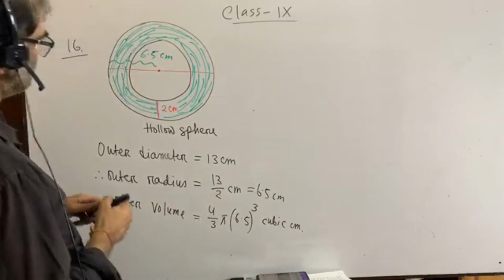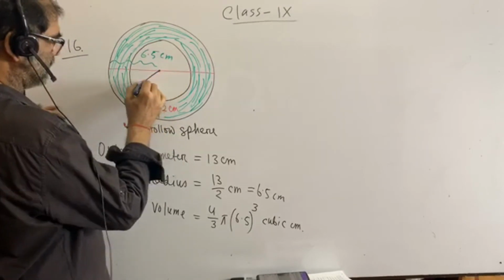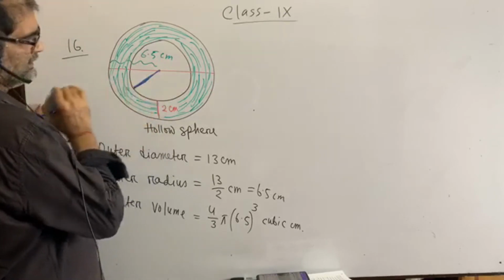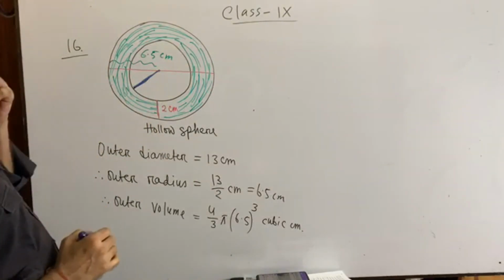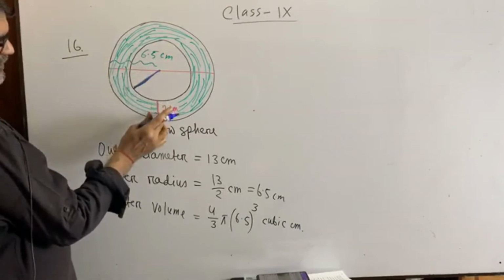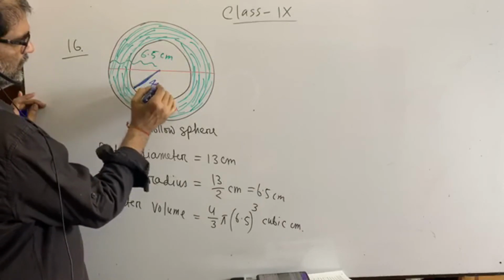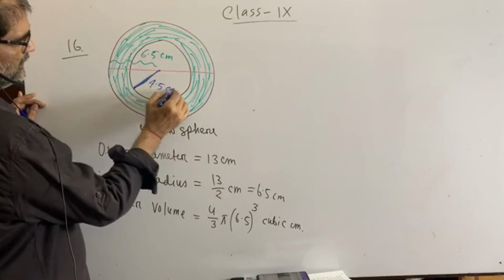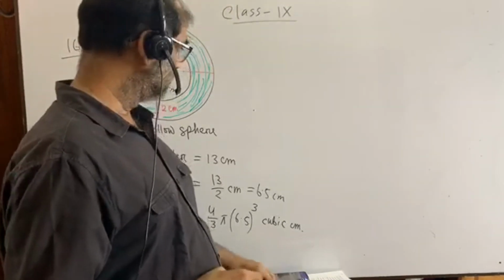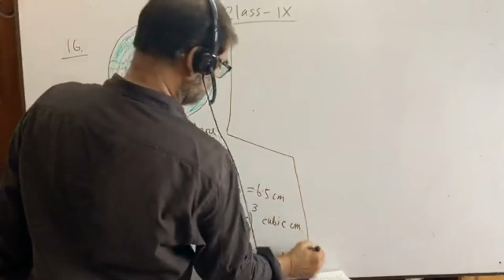Now can you find out the inner radius? What is the inner radius? You see, this is the inner radius. So what will be the inner radius? It is 6.5, this is 2. So we will get the inner radius as 4.5 centimeter. So we have to write it down.